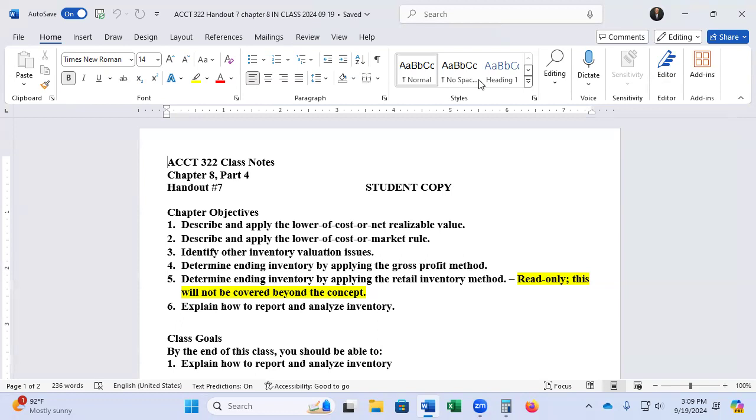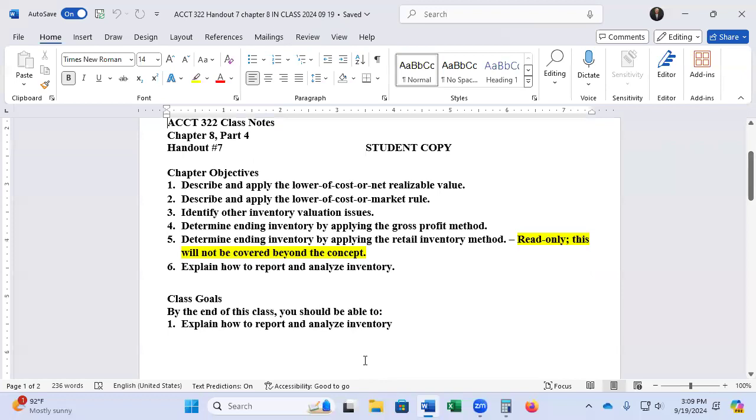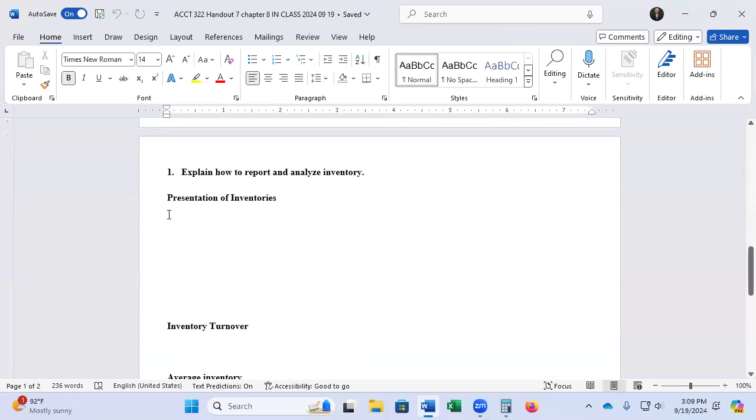And so this is just kind of the last little part of the chapter, and it helps you with some of the formulas for inventory and how you would analyze it. So when you present your inventories, some additional disclosure is necessary.